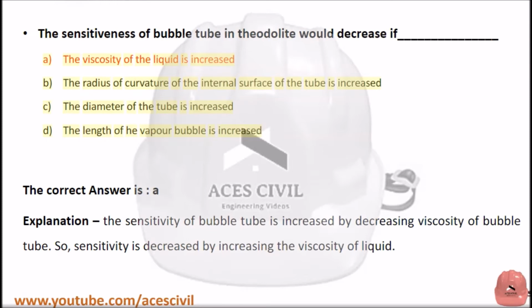D. The length of the vapor bubble is increased. The correct answer is A. Explanation. The sensitivity of bubble tube is increased by decreasing viscosity of the liquid. So, sensitivity is decreased by increasing the viscosity of liquid.